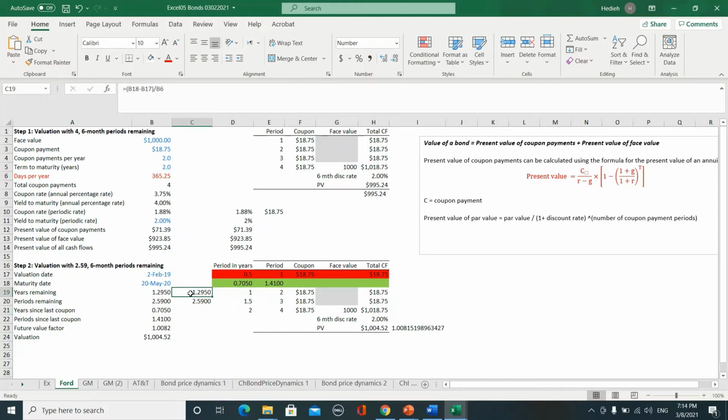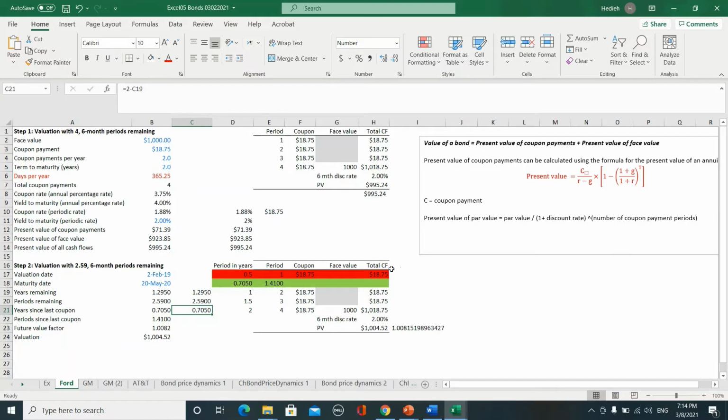So if you have 1.295 years till the maturity of the bond, how many years have passed? You just have to subtract 1.295 from 2 years till maturity, right? So you understand that right now you are at 0.705 years, okay?